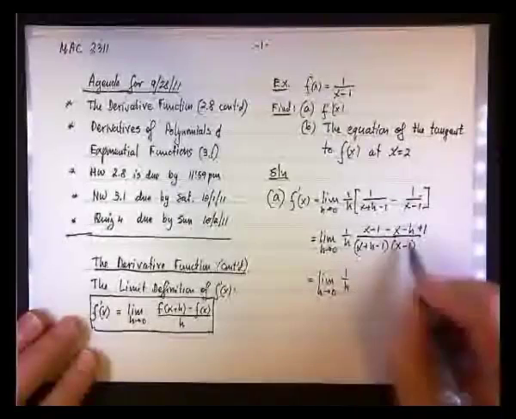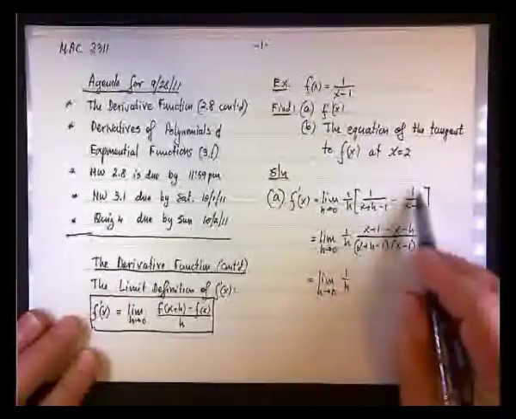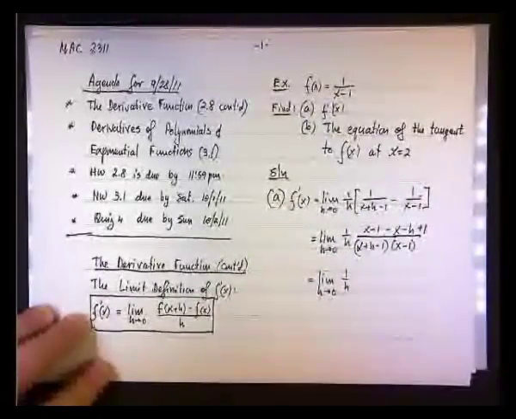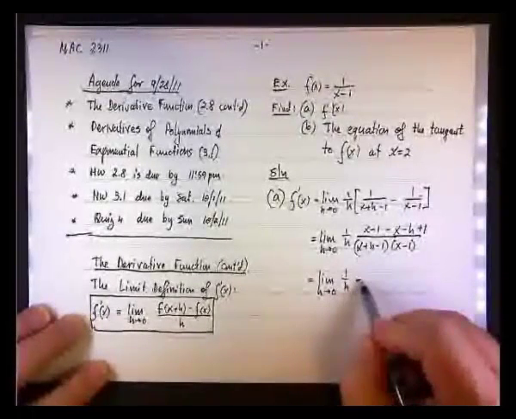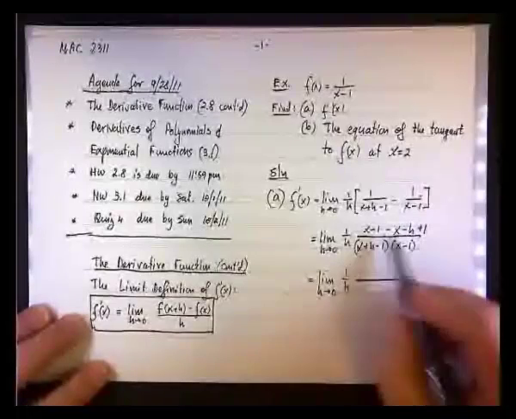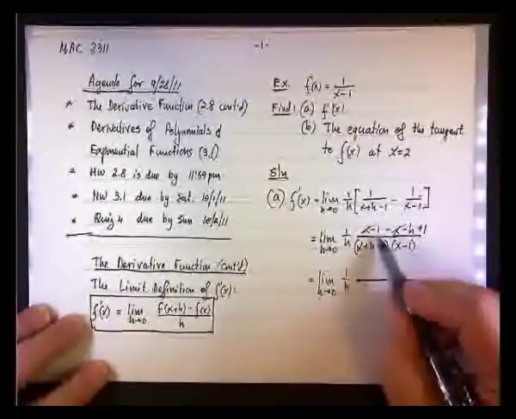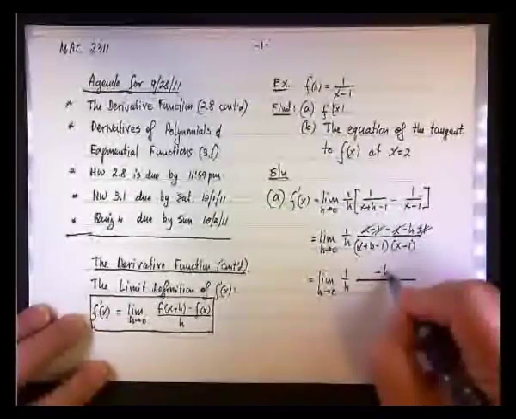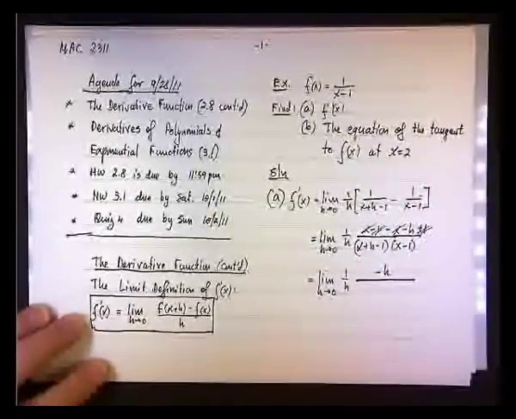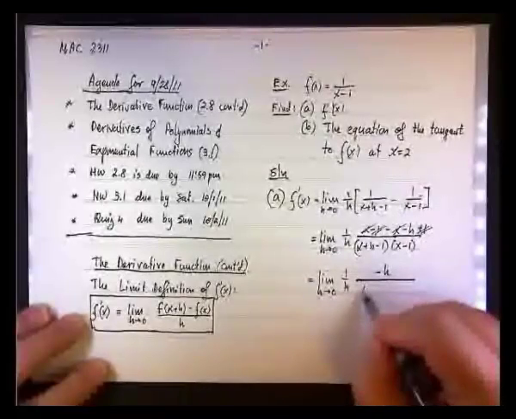Again, notice the change of signs due to the fact that we have negative 1 times x plus h minus 1. We have some cancellation in the numerator. Let's see, x minus x, negative 1 and positive 1. So the only surviving term in the numerator will be negative h.